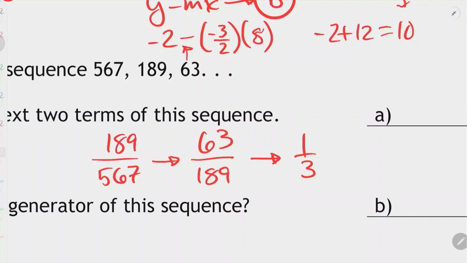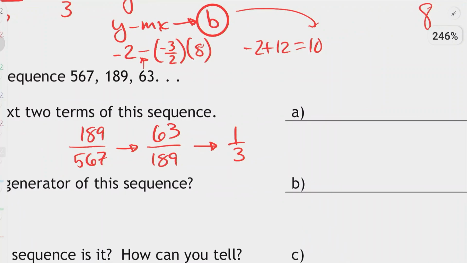So I know this is a geometric sequence because it has a common ratio. The next two terms would be 27, that's 63 divided by 3, or times 1/3, and then 9. Oh, I think I had the wrong answer on my answer key. I think on my answer key I had 27 divided by 3 and I wrote 7.